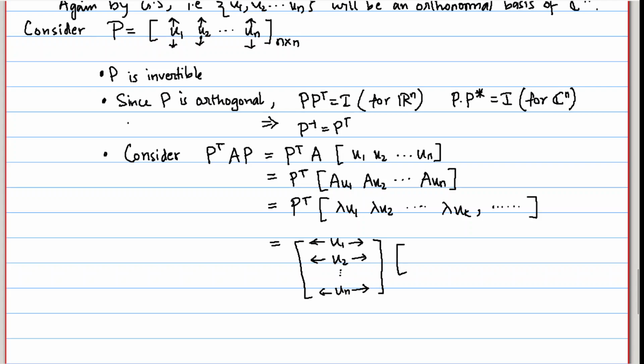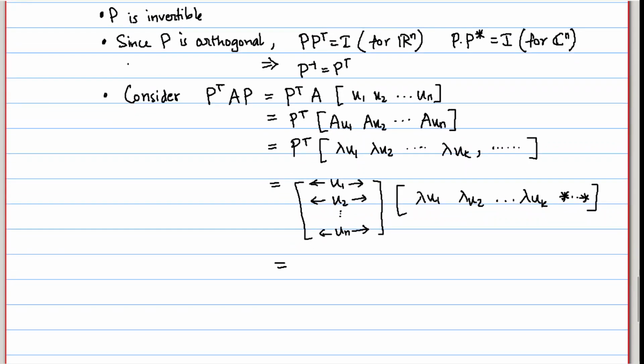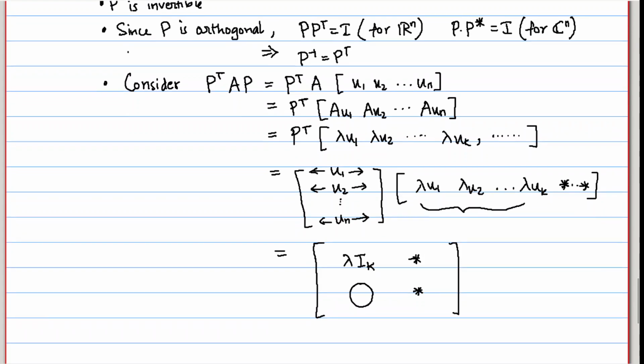This is multiplied by lambda u1, lambda u2, up to lambda uk, and then many other elements, which I put as stars. Now you get a matrix where you have lambda times Ik, because we are considering the first k rows, and here some star, and here you have all zeros, and here also some other star matrix.